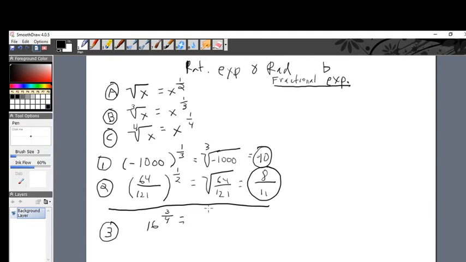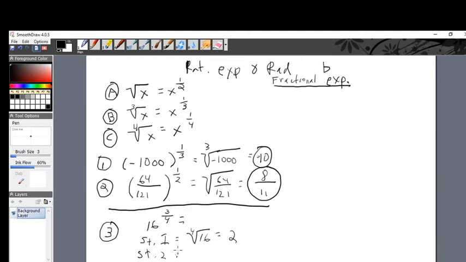You do it in 2 steps. Step 1: you first look at the denominator. It says 4, right? So take the 4th root of 16. Just bear with me, this is step 1. What's the 4th root of 16? Answer: 2. Step 2, and there's only 2 steps.